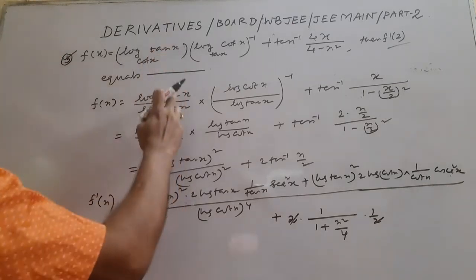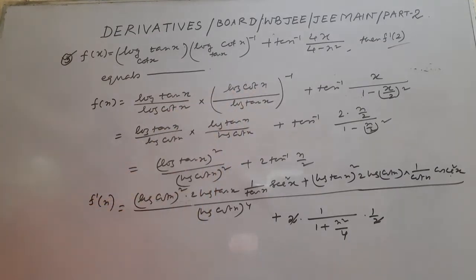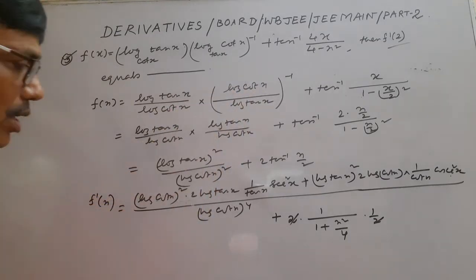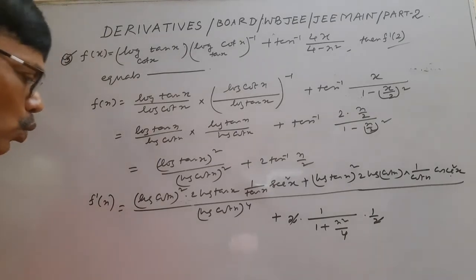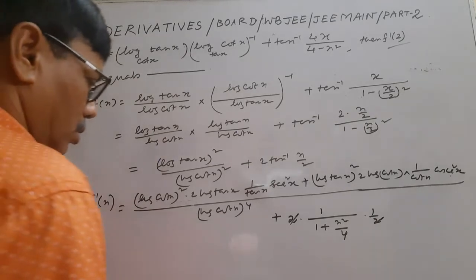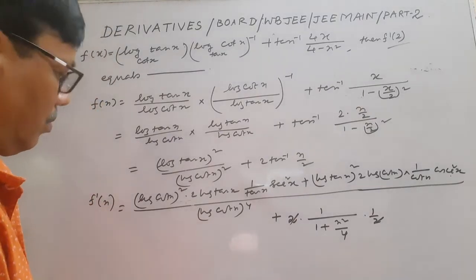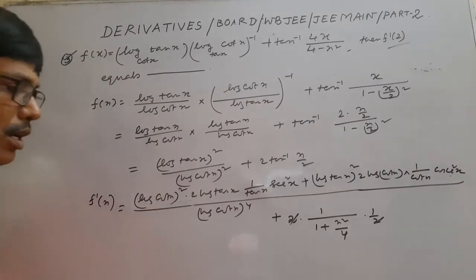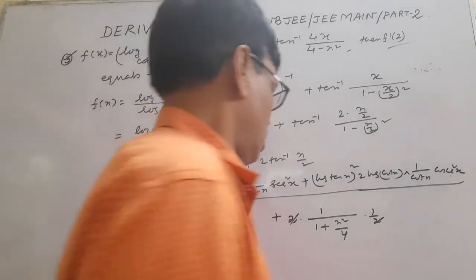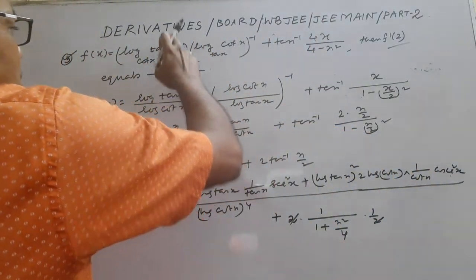Log tan x, log cot x, log cot x, log tan x whole to the power minus 1. So f dash 2. Actually, it is tan x.